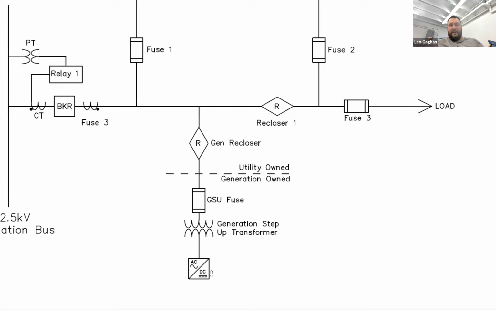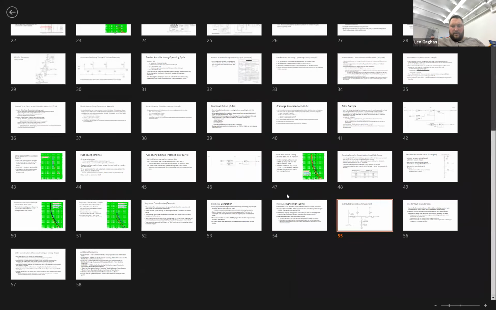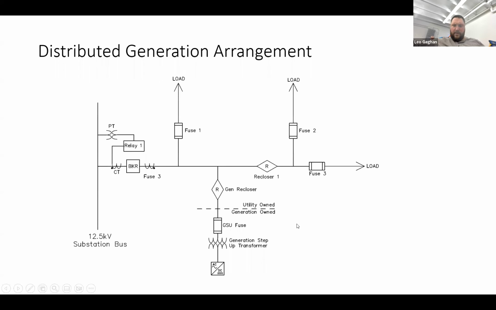You'd have your panels tie into the inverter. It would convert it to AC, probably at a voltage like 480 or maybe 600 volts. And then this generation step-up transformer would step that up to the 12.5 kV. It would probably just have a fuse protecting itself, and then the utility would usually have their own additional recloser on the utility side.